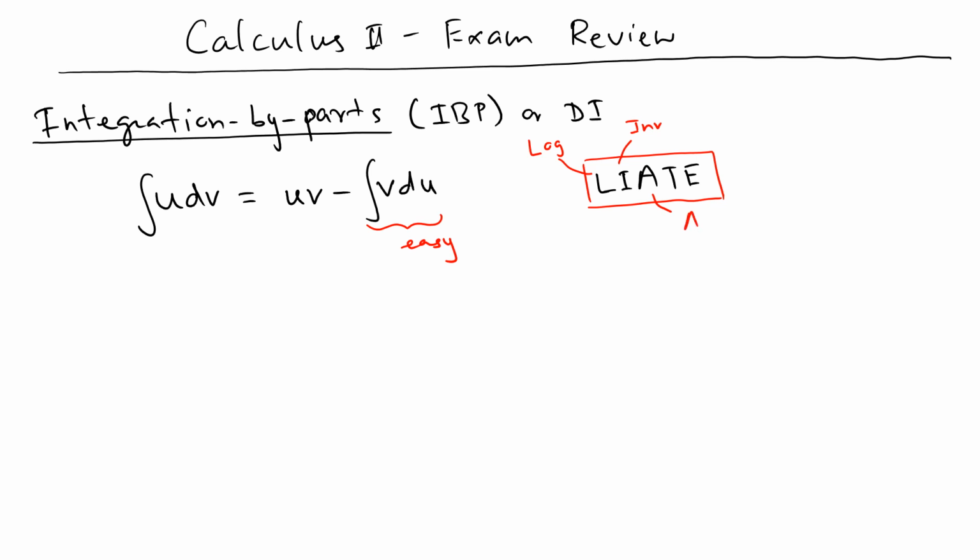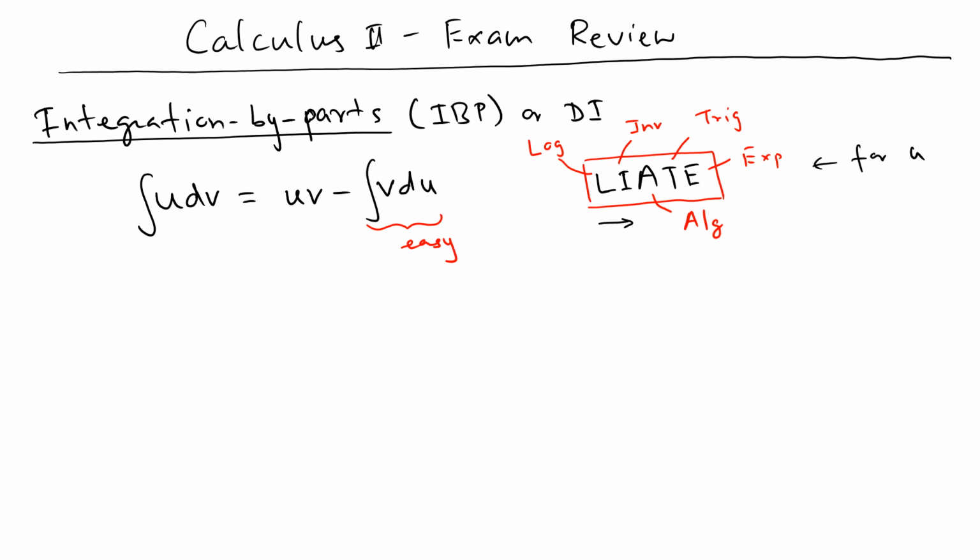A means the algebraic functions. T means the trigonometric functions. And E means the exponential functions. That's what we call the preference order for U. So we're going to pick U in this order, starting from left to right.